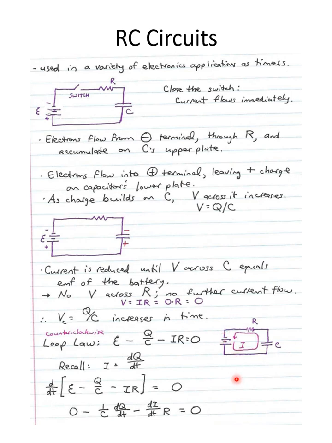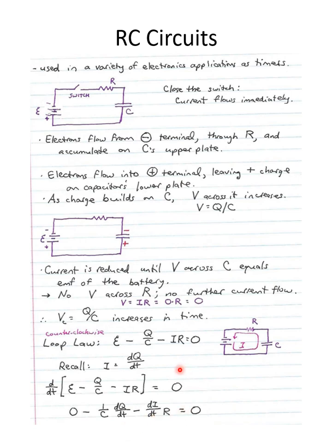Now we're going to use the loop law, and depending on what videos you've seen, what lessons you've gotten, you may not have encountered the loop law yet, but here is the loop law. It's actually covered in section 25.3. And so it's possible you haven't gotten that lesson yet.